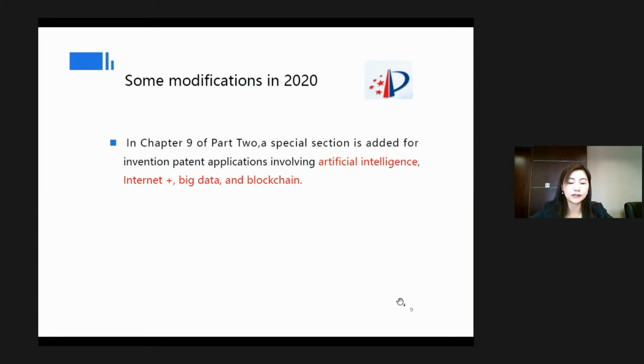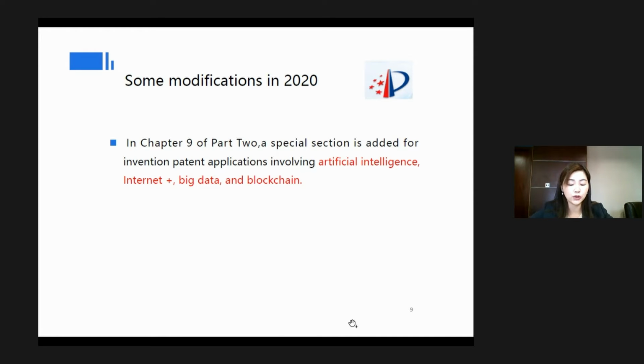Artificial intelligence is based on data storage and machine algorithm. It is intended to simulate human thought process and intelligent behavior through using a computer. In recent years, with the rapid development of AI technology, the number of related patent applications has also increased correspondingly.